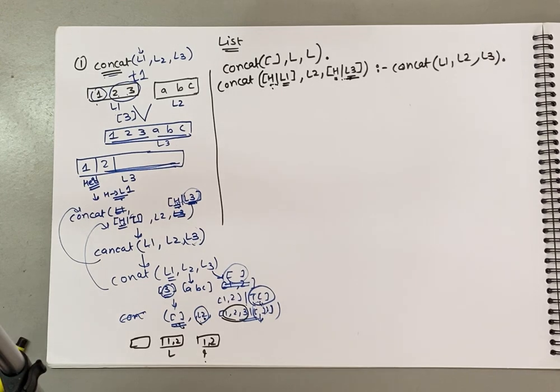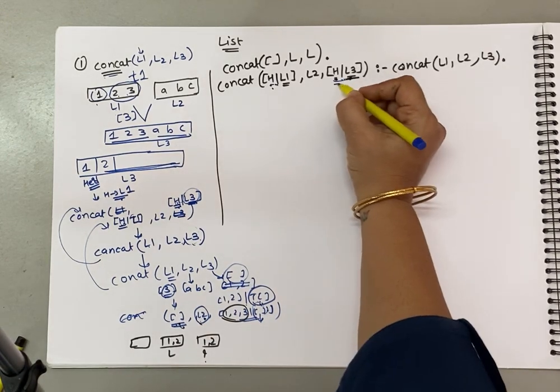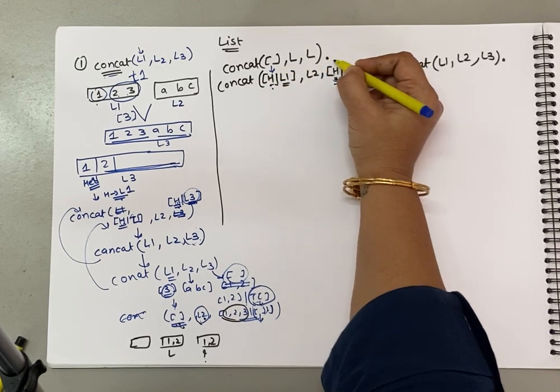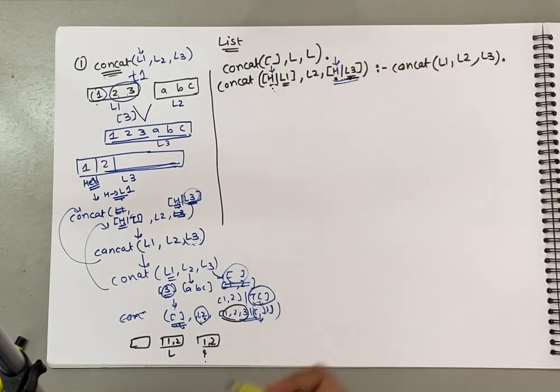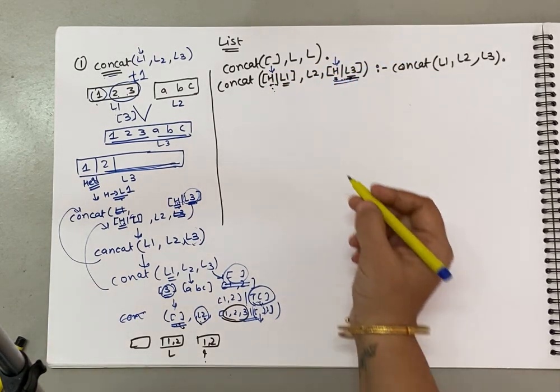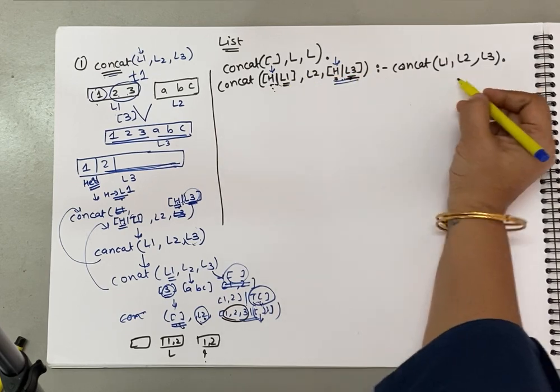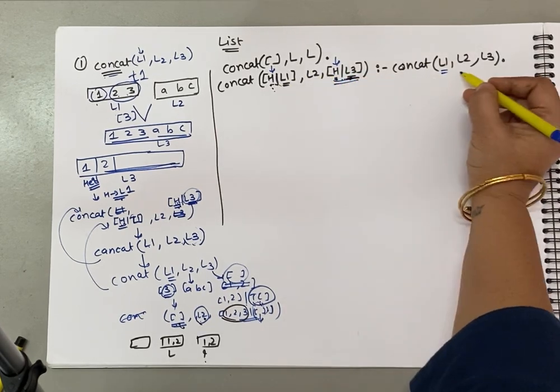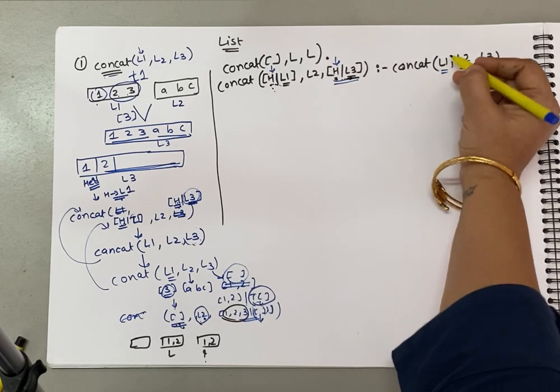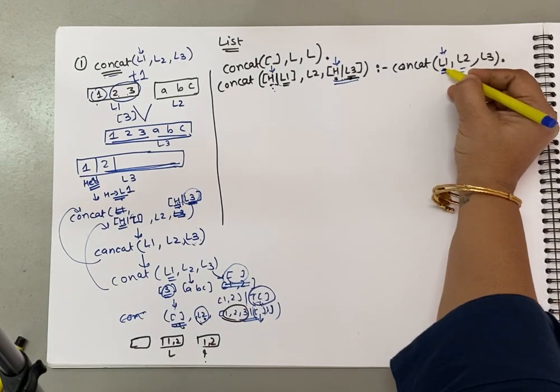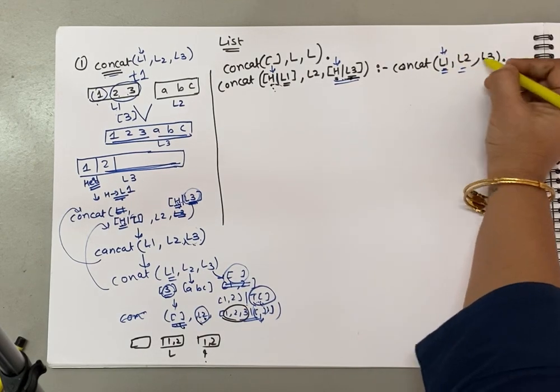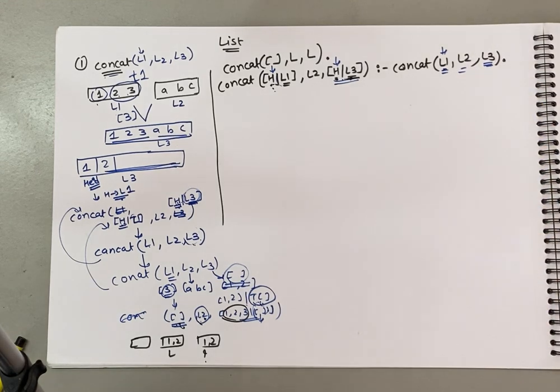What is very important over here is understanding that the head element of L1, the first list, is the head element of the resultant list as well. And the remaining, that is the tail, will be passed. The entire second list is passed, and from this remaining list, the first element will be copied as the head element of this remaining list, that is the tail of the result. Okay, this is how concatenation works, and we have even done the dry run.